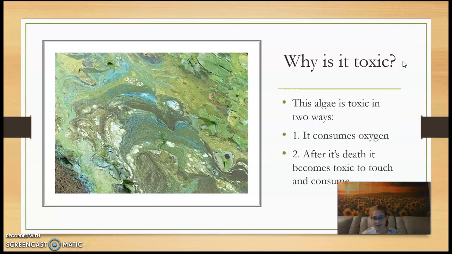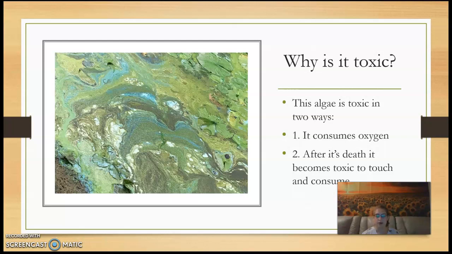Why is it toxic? The algae is toxic in two ways. The first way is why it's so toxic to the fish and the plants in the environment. Blue-green algae will take the hydrogen and the oxygen that is present in the water and consume both of those products to create carbon. But as we know, fish need oxygen in the water to breathe.